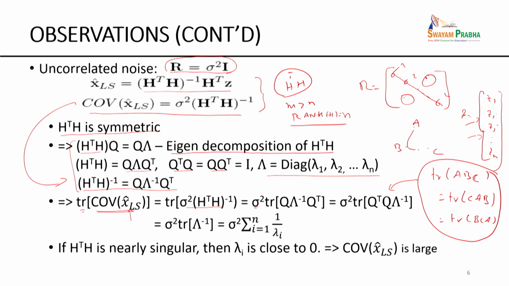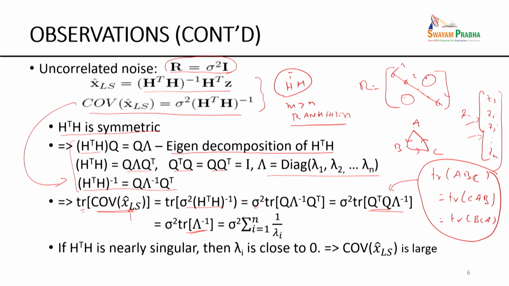So ABC, BCA, CAB. It rotates like this, and all the traces are equal. So using that, I can rewrite this with Q transpose Q as Q transpose Q times lambda inverse. But Q transpose Q is identity. So that becomes the trace of lambda inverse, and lambda inverse is a diagonal matrix.